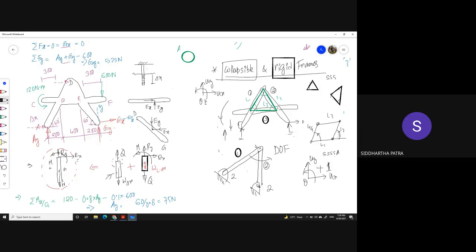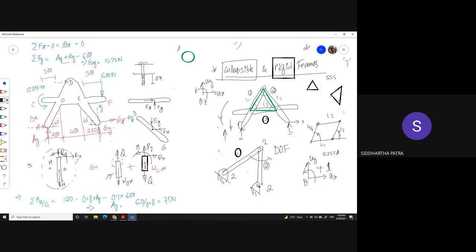Of course, in the end, if I consider all the unknowns, all the reaction forces, for example, 2 just over here, and all the linearly independent equations, the total number of equations and total number of unknowns match in both cases.